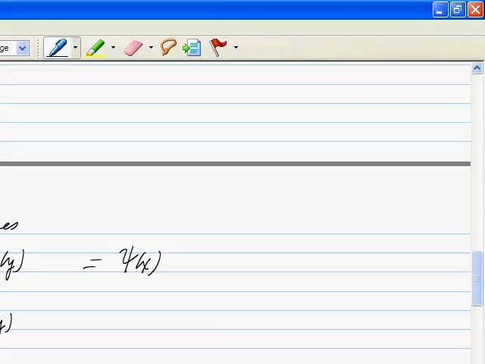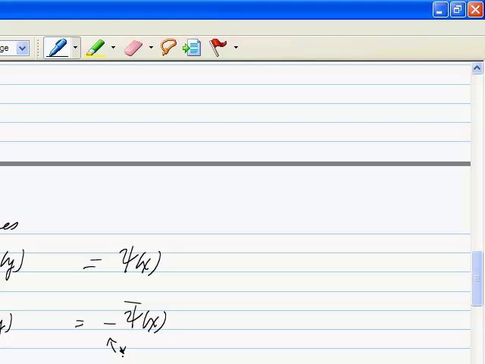Now, if these are anticommuting, everything anticommutes. To bring this past psi pulls out a minus sign. So this is going to be defined as minus psi bar of x, since it has to anticommute.